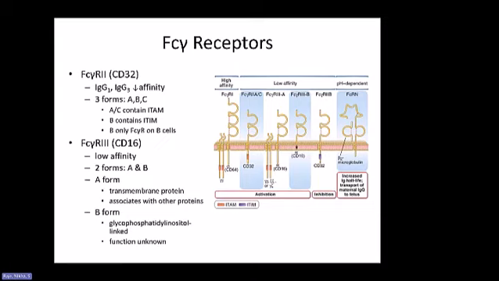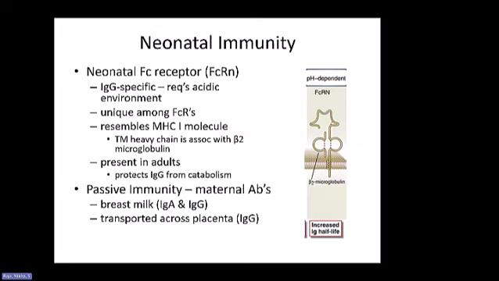Again, we saw that R2B has the ITIM, and the other two have ITAMs. And CD16 is a low affinity receptor. It has, again, A and B forms, and pretty much provides low affinity activation for binding to IgG.